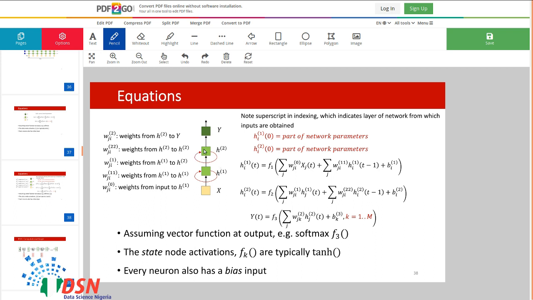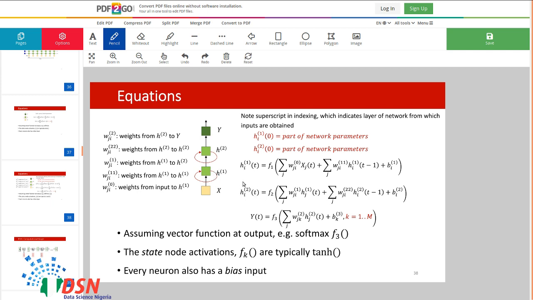So in this case, if we have two hidden states like this, we could write the first hidden state as a nonlinear function over the input. So this is a function of the input and the previous hidden state of itself.